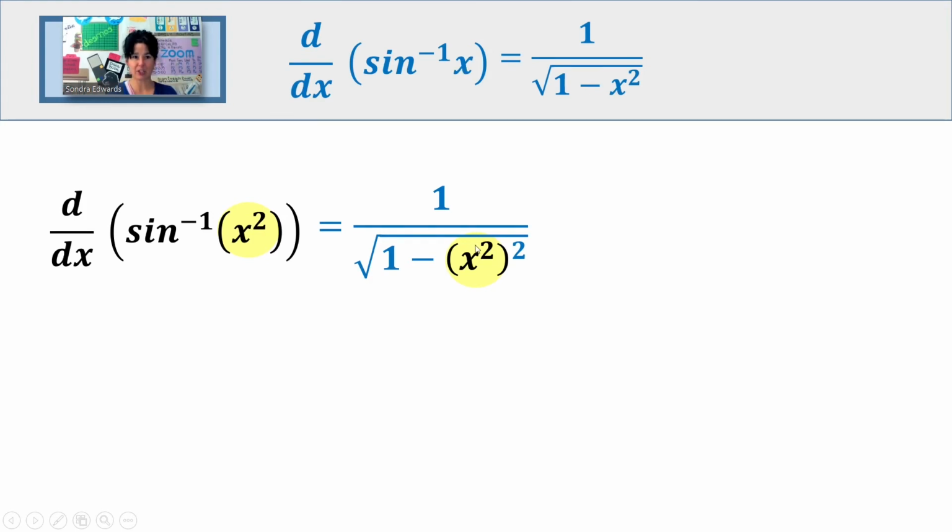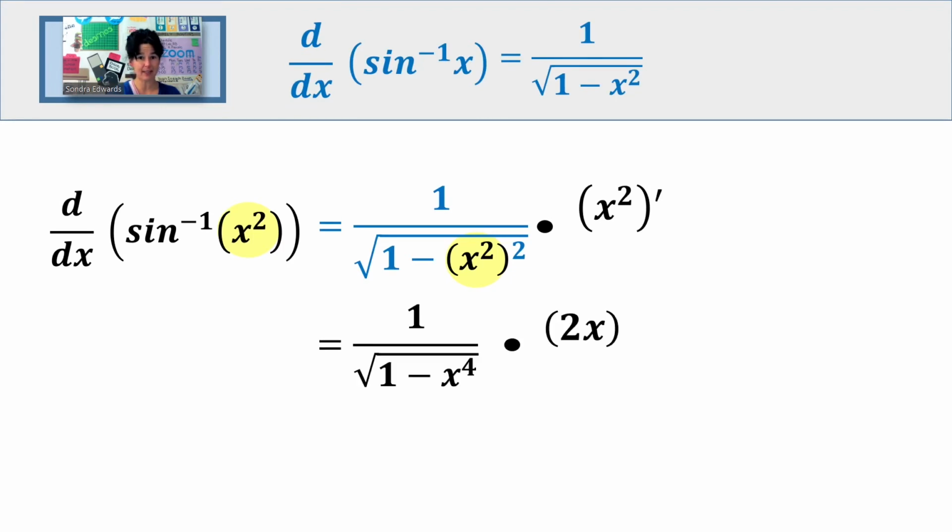So simply making a substitution, whatever's sitting here goes there. Okay, so there's my x squared, but the extra step, because this was not plain x, we must chain on the derivative of the input function, that x squared. So times the derivative of x squared, which is just 2x. Put all of this together, and our final answer is 2x over the square root of 1 minus x to the 4th.